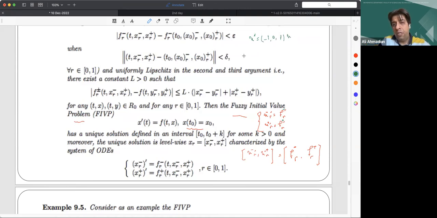Then the initial condition x at 0 is equal 2, 3, 4. Okay, for example.